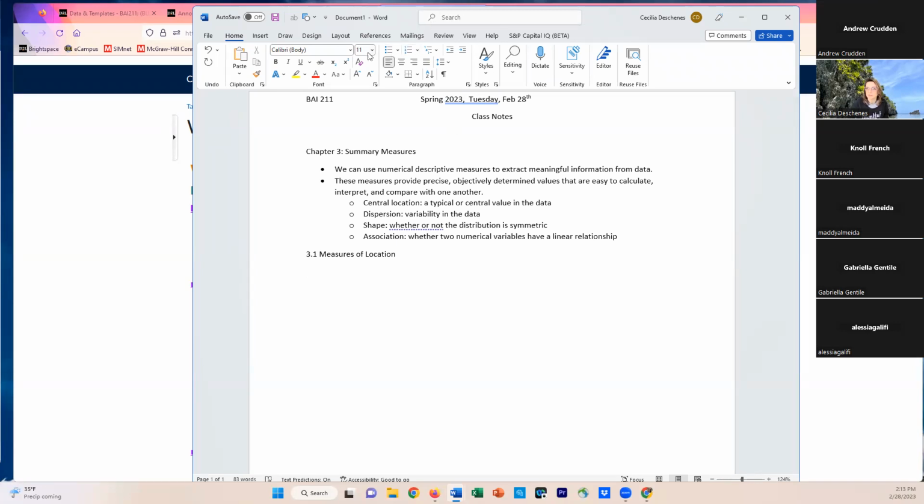So I guess let me go back to my bulleting here. So central location. The first one, which I'm sure you're aware of, is the primary one, is the arithmetic mean. It is the primary measure of central location.